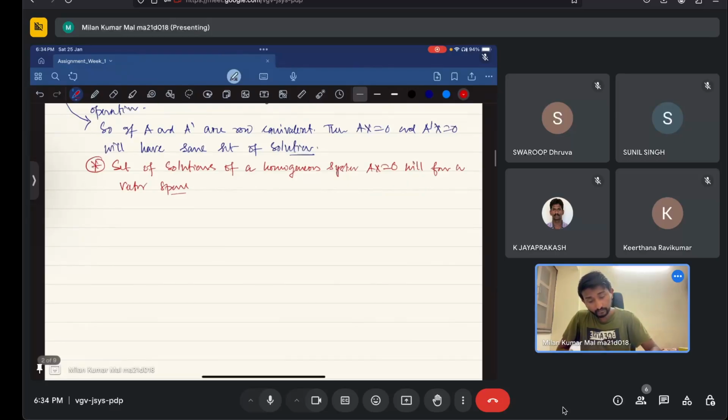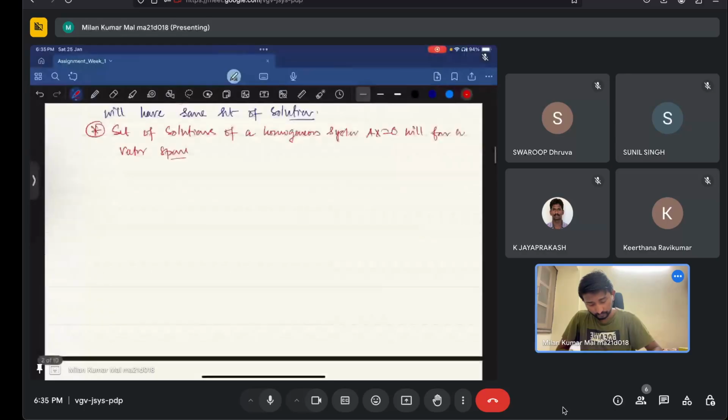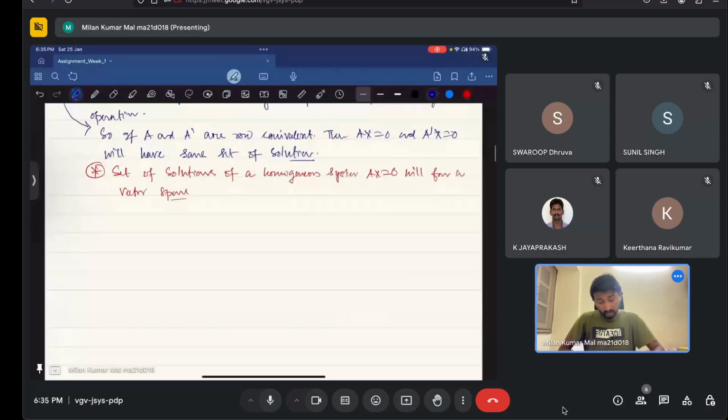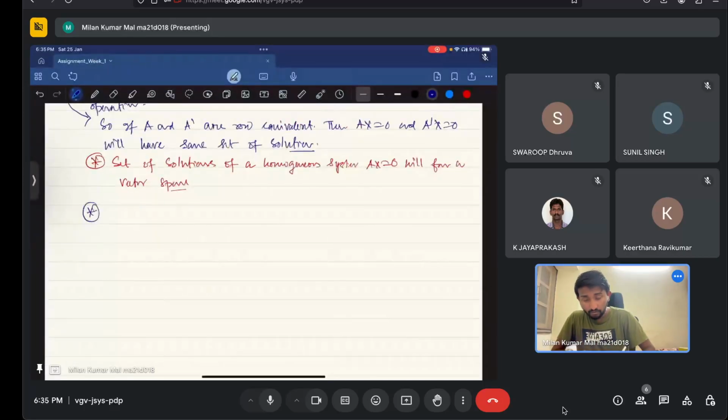So this is the reason, and I just want to point out one more thing. One way I have seen it is that when we do an elementary row operation on a matrix, we are just adding, or scalar multiplying and then adding, those linear equations.